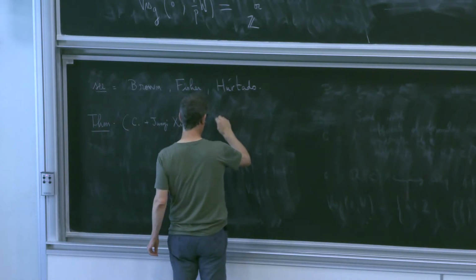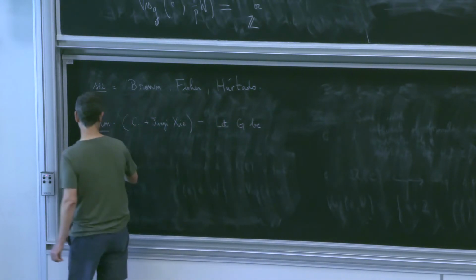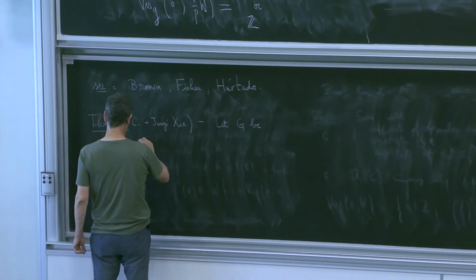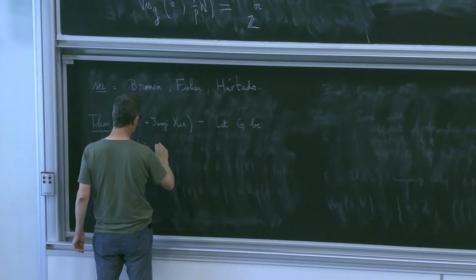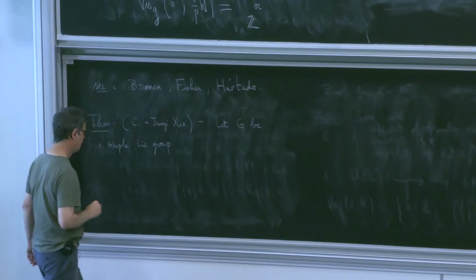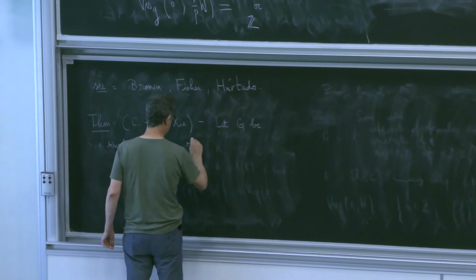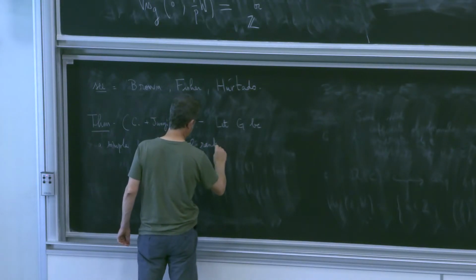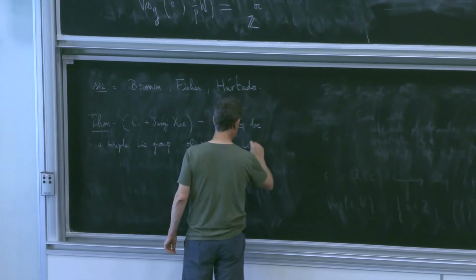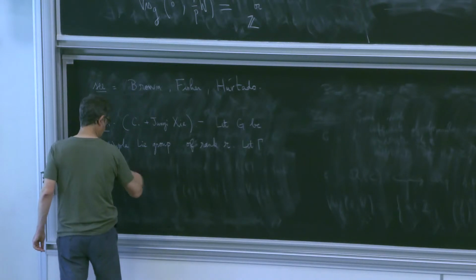So let G be a simple or almost simple real Lie group of rank R. Okay, so now let gamma be a lattice.